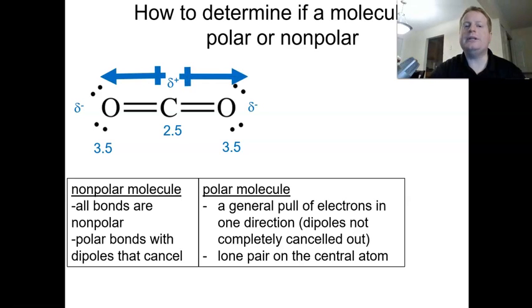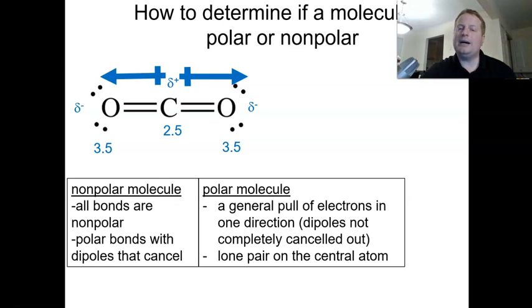Okay. Now what happens in this case actually, even though there's a pull to the left side toward the oxygen, there is an equal and opposite pull toward the right side, toward the other oxygen. In this case, we say that the dipoles are actually canceling each other out. And what happens in that case is that you actually end up having a nonpolar molecule.